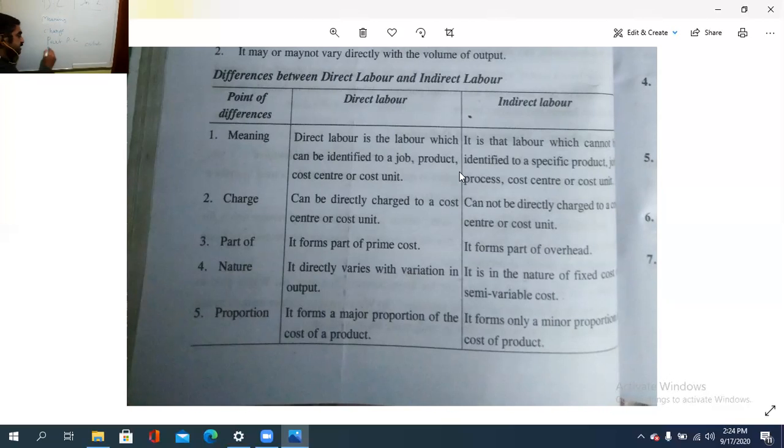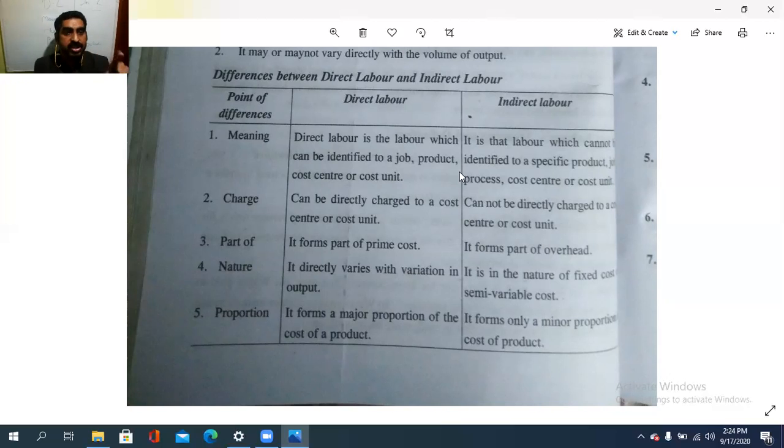Then nature. Direct labor varies directly with the variation in output, because it is directly involved in the production process. അപ്പോൾ എന്തുമാത്രം അയാൾ പ്രൊഡ്യൂസ് ചെയ്യുന്നു അതിനനുസരിച്ചാണ് അയാൾക്ക് കൂലി കൊടുക്കുന്നത്.